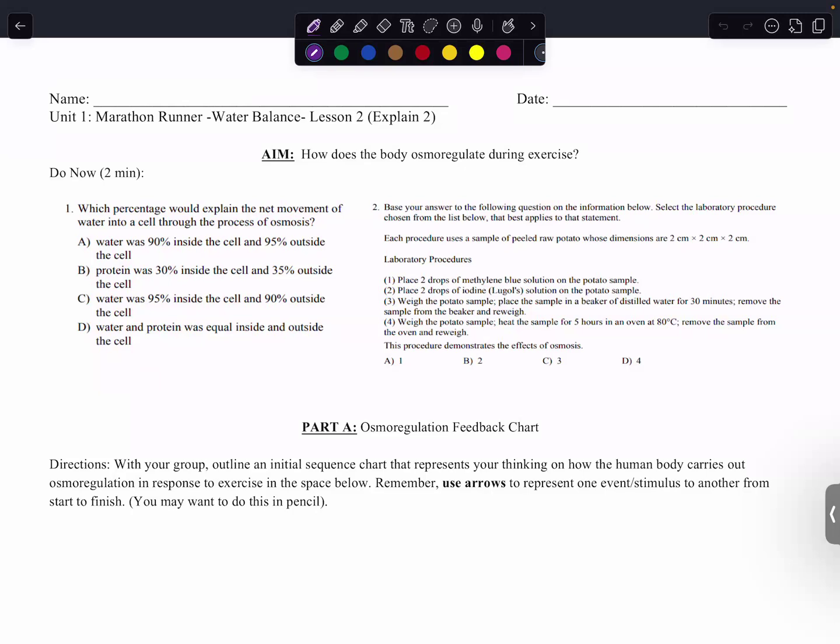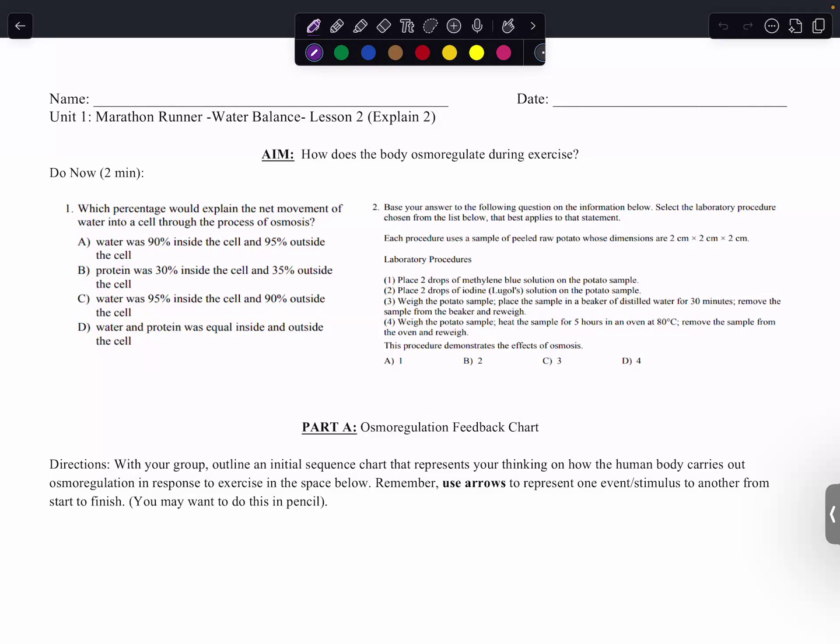All right. So any answer that would represent this has to demonstrate that water is moving from a higher percentage or a higher concentration to a lower one. And because we're talking about osmosis, we're only talking about the movement of water. I don't care about the movement of anything else except water.